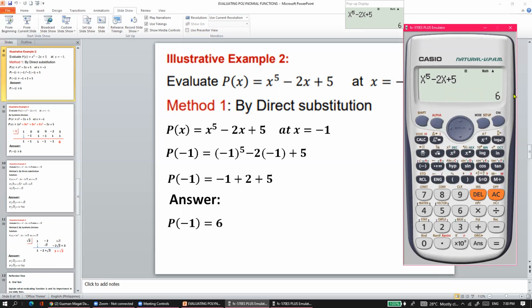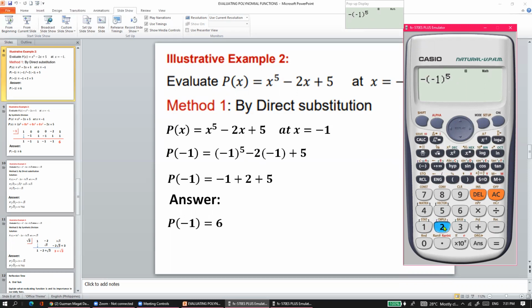Yes, sir. So, wala siyang kahirap-hirap. Ang gawin mo lang, mag-substitute ka. And then, para mabilis ang computation, gamitin mo yung calculator. Actually, pwede namang direct eh. Itatype mo lang yan. Tingnan mo, anak, I'll type negative 1 exponent to the 5.